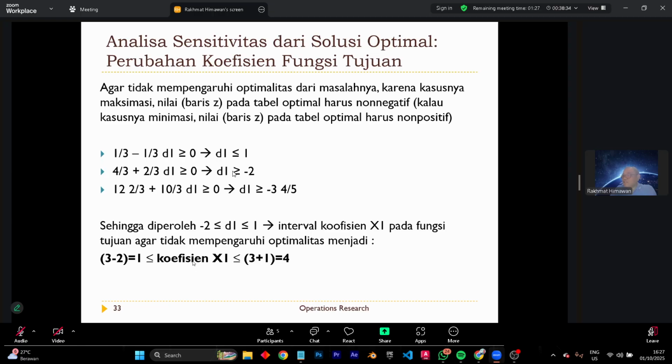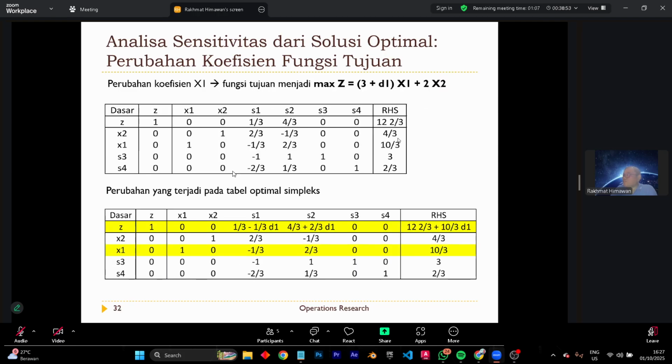Including if we get more money, not 3,000 but say four, still fine. But at 5,000, the manager will be so happy, but then you need to redo it again because the optimal solution will not be the same. It's going to be changed. That's what it means.